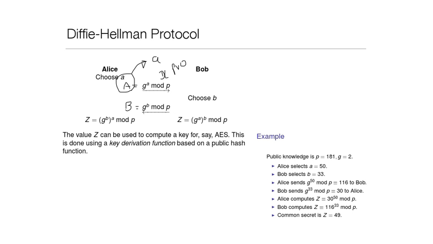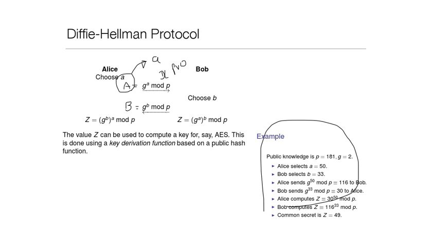So here is a simple example with numbers. We can try that and verify the correctness of this Diffie-Hellman computation. And also, I think you can understand this protocol is secure because nobody can compute the Z value without knowing A or B individually.